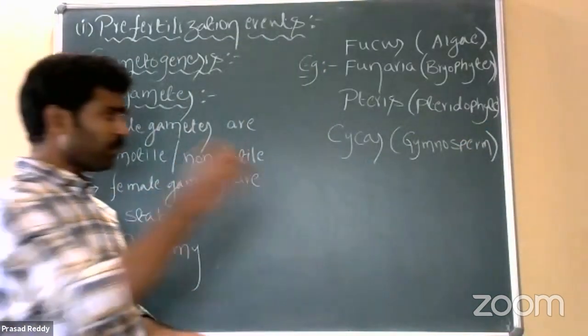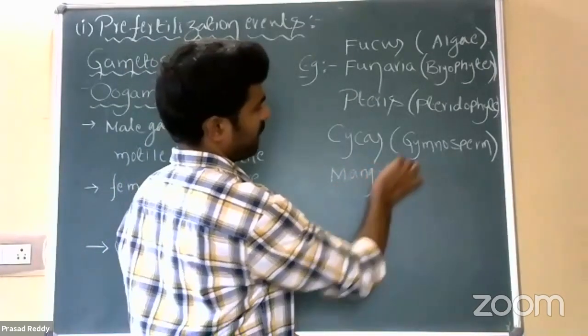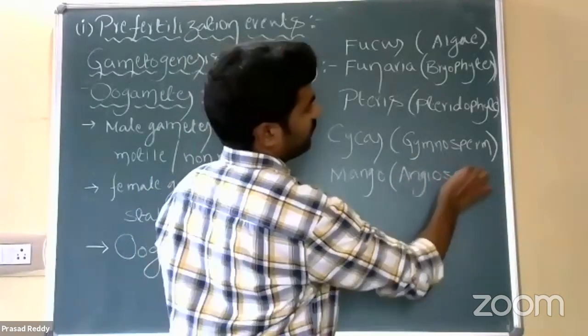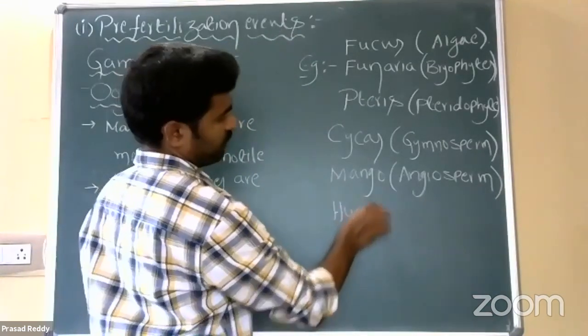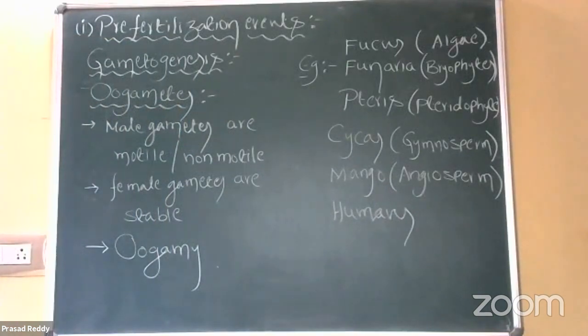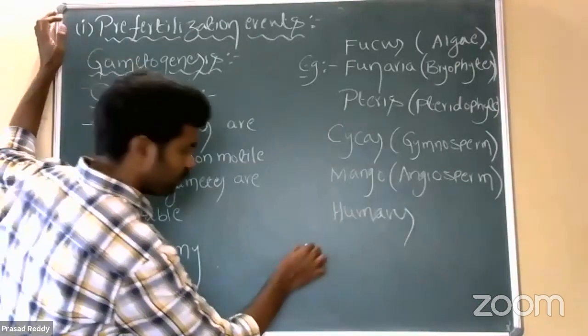Then Mangifera indica, mango, an angiosperm. Then humans. Right. So these are some examples for oogametes.